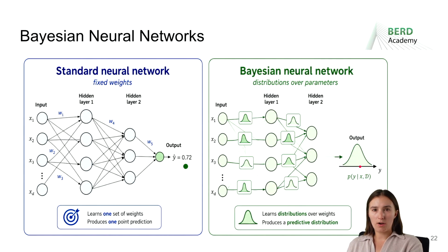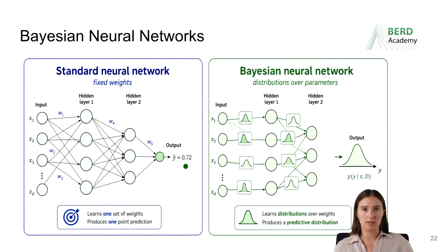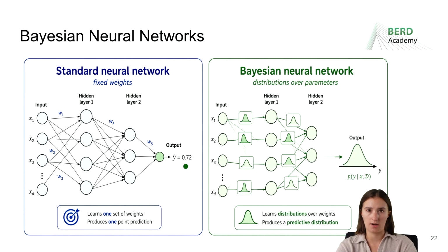And the good thing about that is that we don't just have the point prediction, but we also have information about the spread of the prediction. So if it is very peaked, for example, we can be very certain about the output, whereas if a very broad distribution is predicted as an output, we know the uncertainty is higher there. Okay.